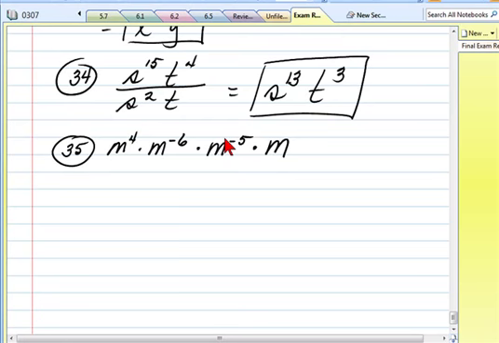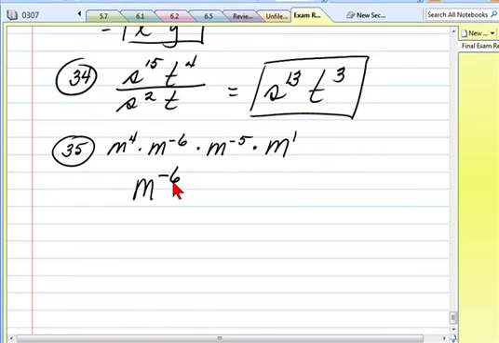Let's use the product rule, because this is a product of like bases. What's the exponent on the last m? 1. So I'm going to get m to the, no equal sign, m to the, I'm going to add 4 plus negative 6 is negative 2, plus negative 5 is negative 7, plus 1 is negative 6. I use just the product rule.